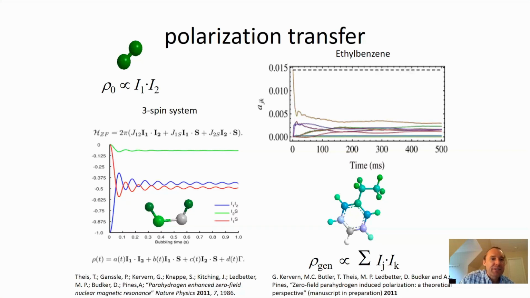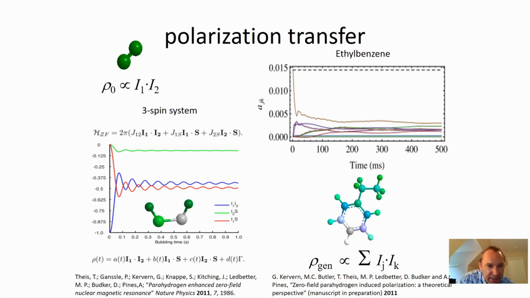You start out in a singlet, something like I1.I2 on the parahydrogen, and you plop it, for example, into this 3-spin system shown at the bottom. In this case, there are only 3 spins. You've just added 1 carbon-13, in light green.